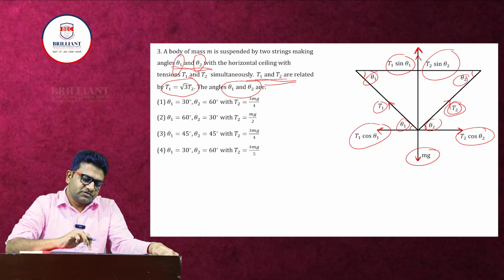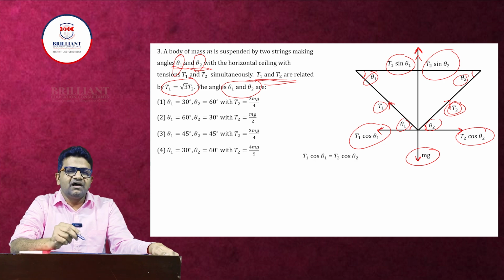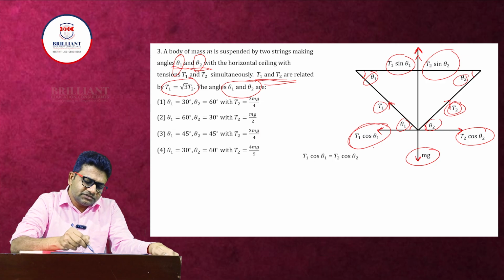So we can resolve the forces. We know that this is in equilibrium, so the horizontal forces and the vertical forces are balanced. Balancing the horizontal forces, T1 cos theta 1 equals T2 cos theta 2.